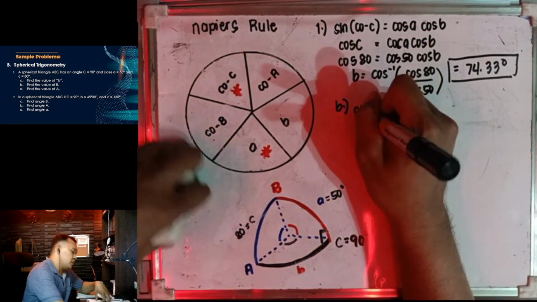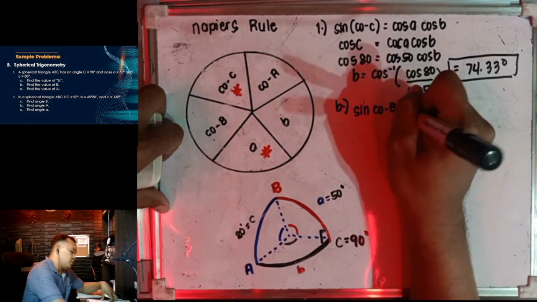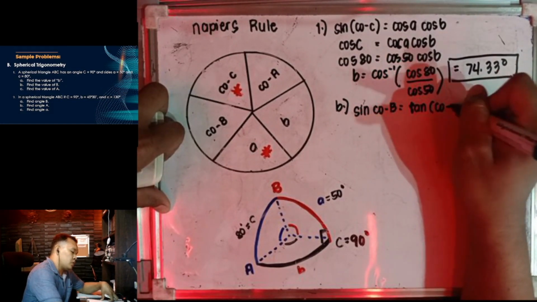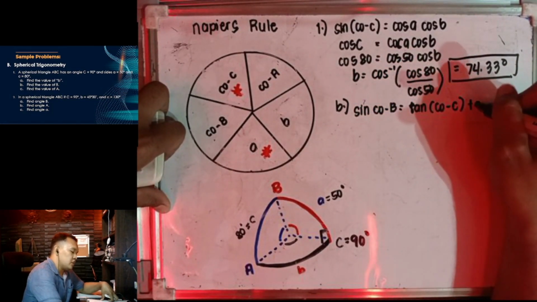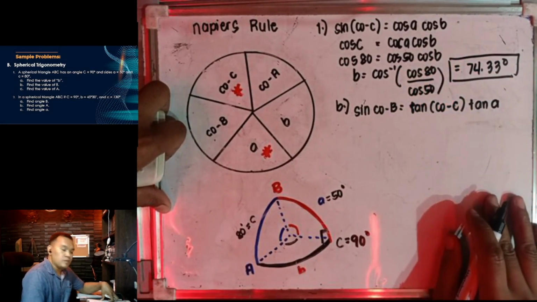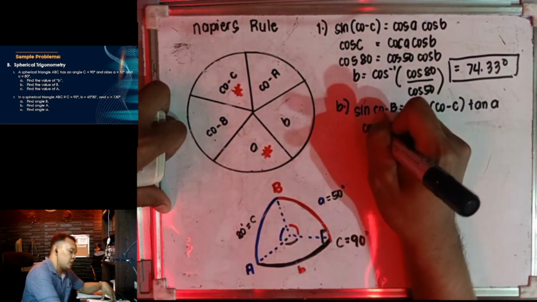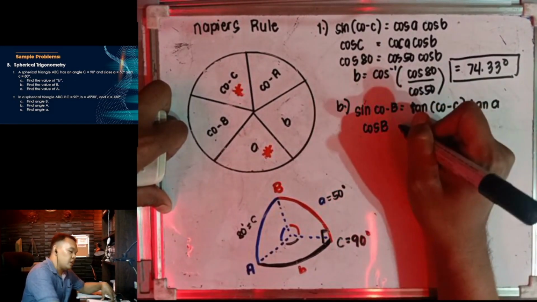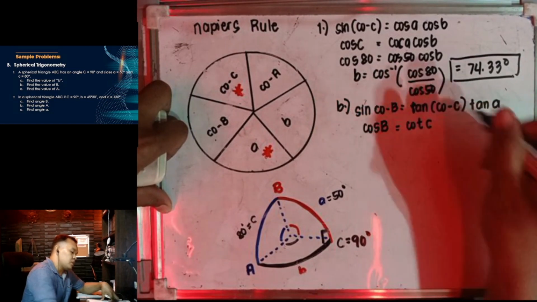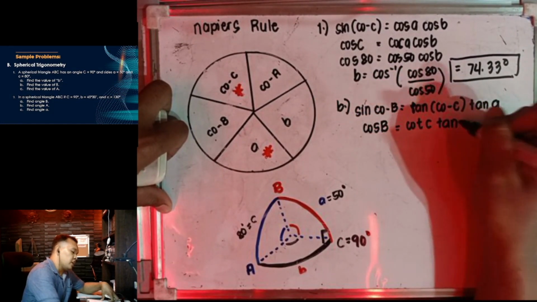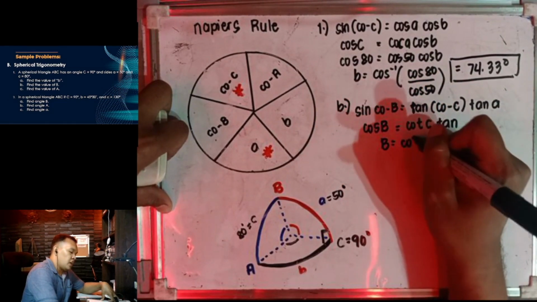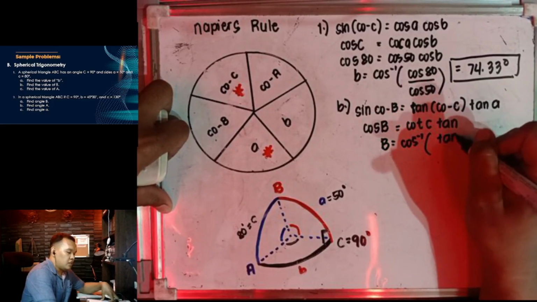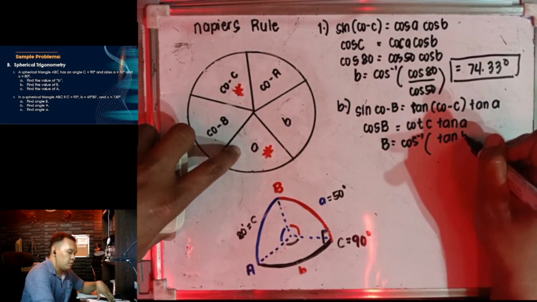So, sine co B is equivalent kay tangent ng co C, complement C, and tangent ng A. Sine co B is equivalent kay cosine capital B. Ang tangent complement C is equivalent kay cotangent small c, tangent A. So, B is equivalent kay arc cosine tangent A, yung A natin is equivalent kay 50.